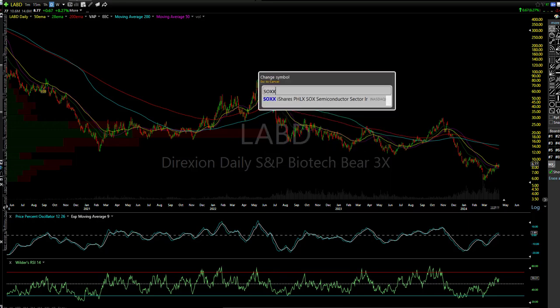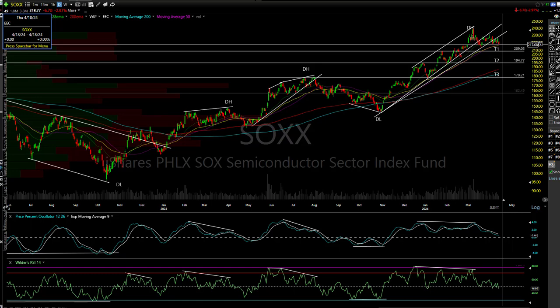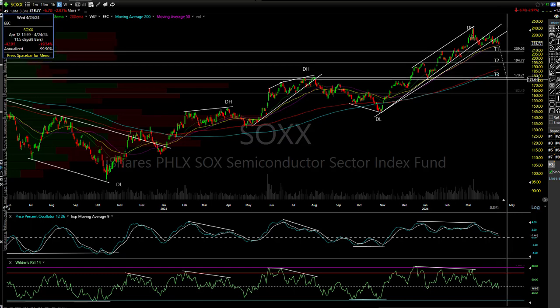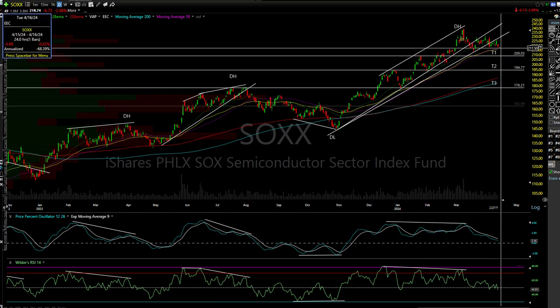Stocks I mentioned, still hanging in there. We've got to kill NVIDIA. When they kill the beast, then the semis will roll over and they will go down hard. And that's still my 3 targets from the current trade. We had a bearish engulfing candle back here. It's still very, very much intact. Just like the Nasdaq 100, because semis are tech, we've been moving sideways and we pretty much need to break that range.